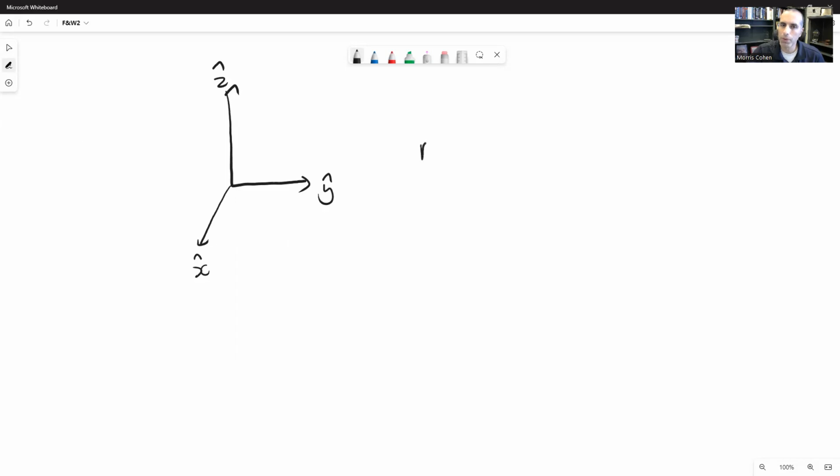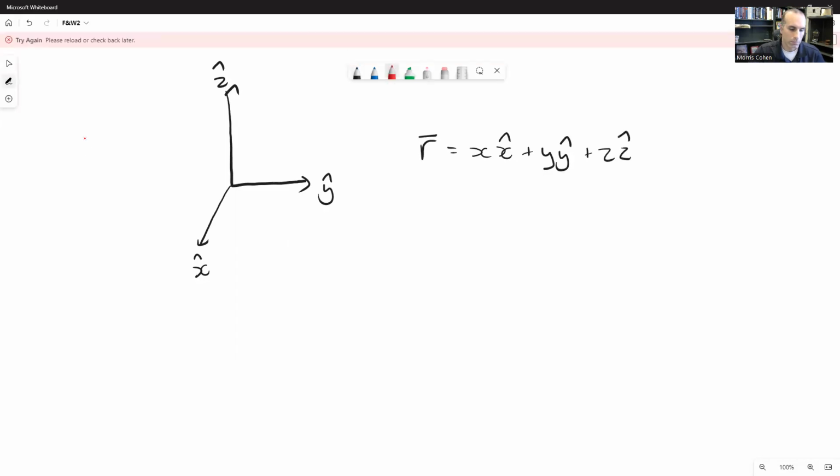Throughout this course, we'll often be using the vector R to refer to a vector that goes from the origin to some location. So this will equal the X coordinate times X hat plus the Y coordinate times Y hat plus the Z coordinate times Z hat. So that may look something like this, in which case we can project each of these.